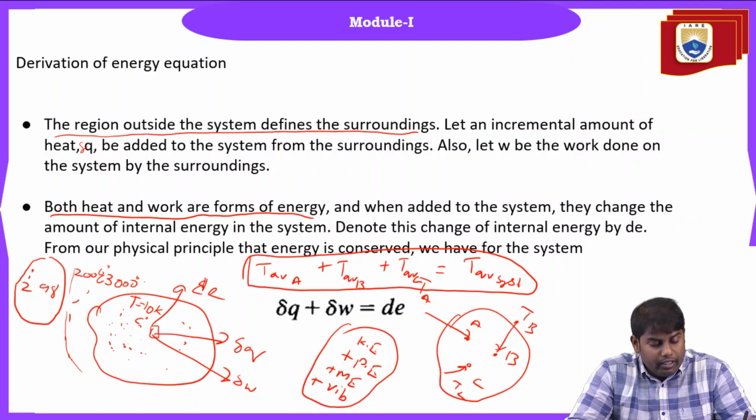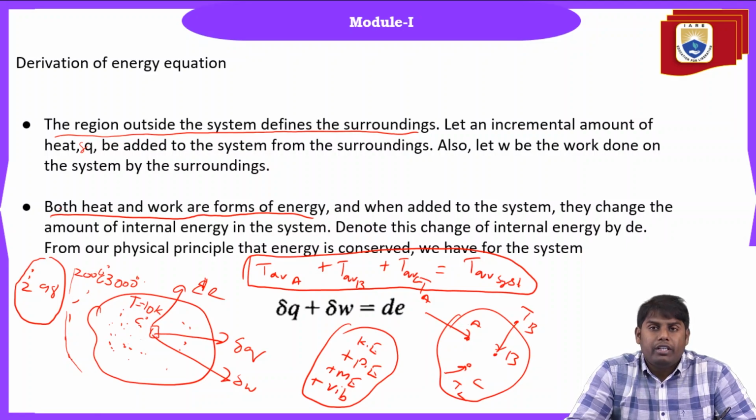This is what we get when we take different points in the system, A, B, C, and add them up to get the average. Whenever we get these changes, there is a change in the internal energy of the system.